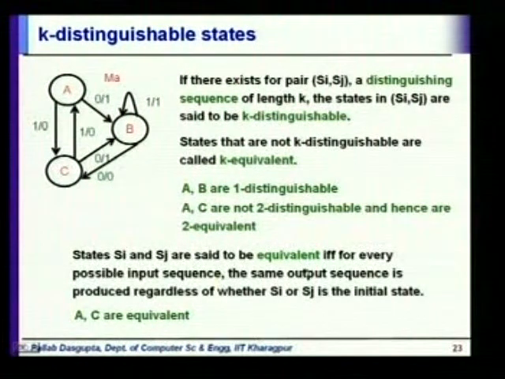States Si and Sj are said to be equivalent if for every possible input sequence the same output sequence is produced regardless of whether Si or Sj is the initial state. So, here A and C are equivalent.